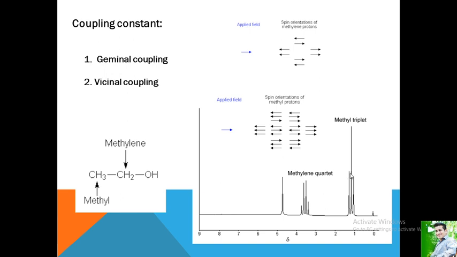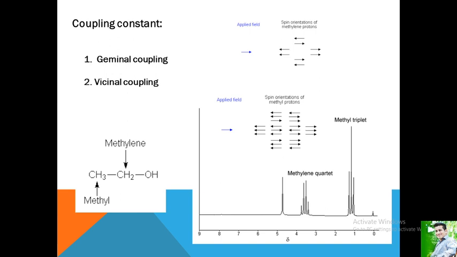Similarly, for the methylene peak, the effect of the methyl protons is such that there are 8 possible spin combinations for the 3 methyl protons. These are the possible 8 combinations. Out of these 8, there are 2 groups of 3 magnetically equivalent combinations.